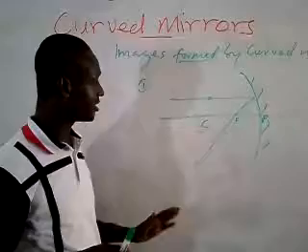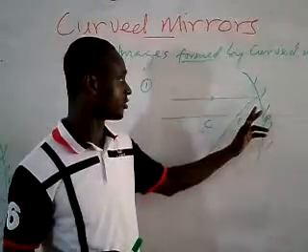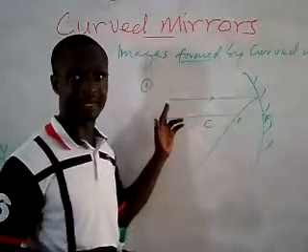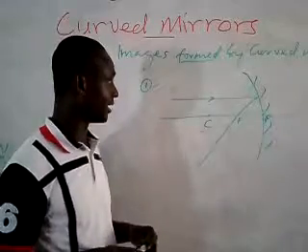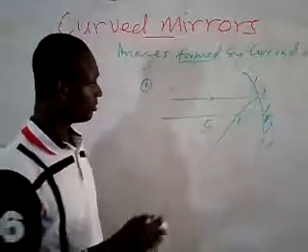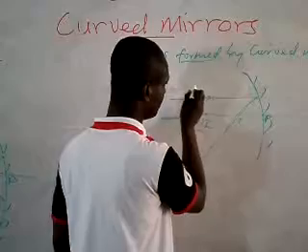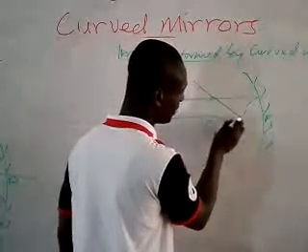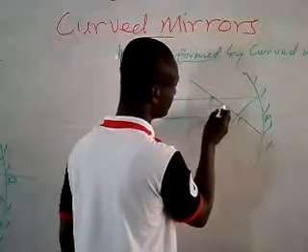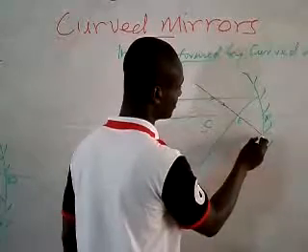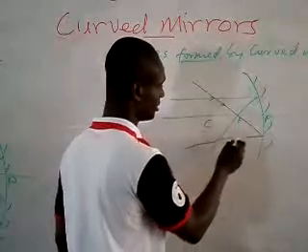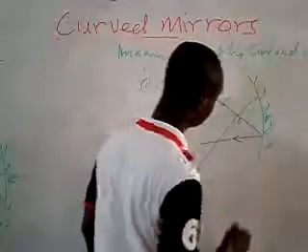And again, rays through the principal focus also reflect parallel to the principal axis. So if I draw a ray through the principal focus, it will also reflect parallel to the principal axis.